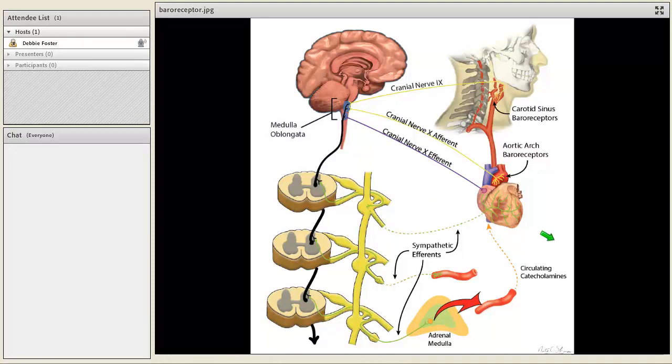However, we increase the constriction to increase pressure, but we also do vasodilation in certain vessels to get more blood, for instance, to the skeletal muscles. And so you see that both parasympathetic input and sympathetic input influence not just the heart rate, but the pressure as well.